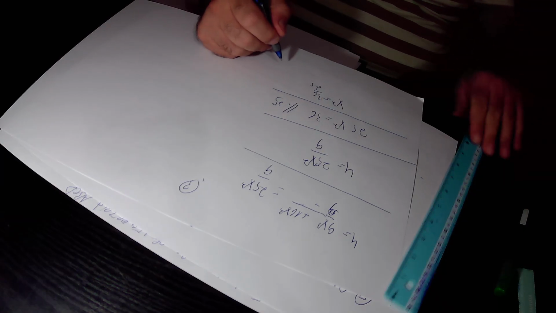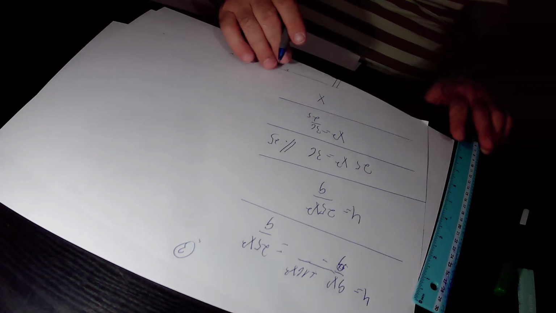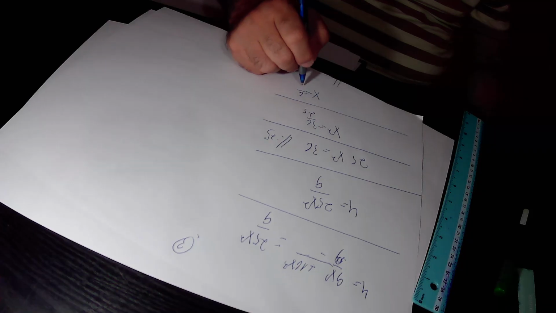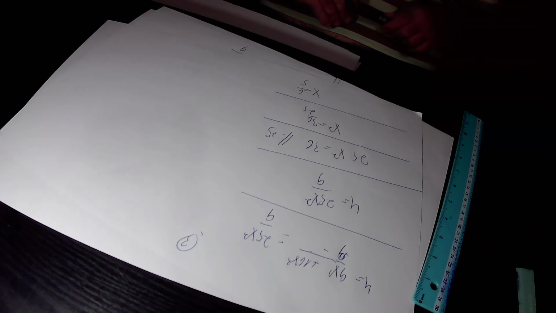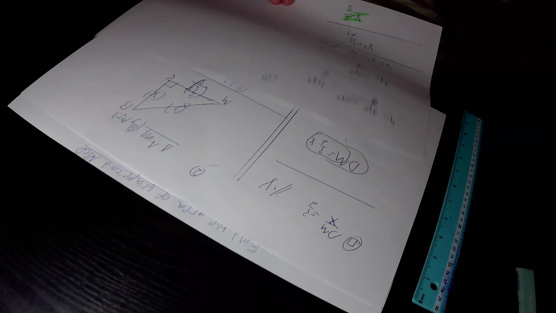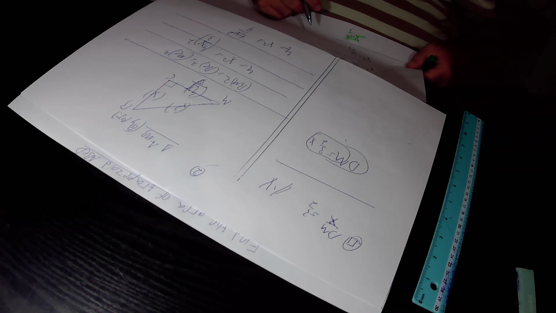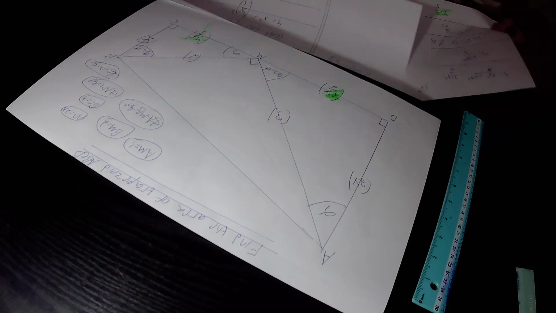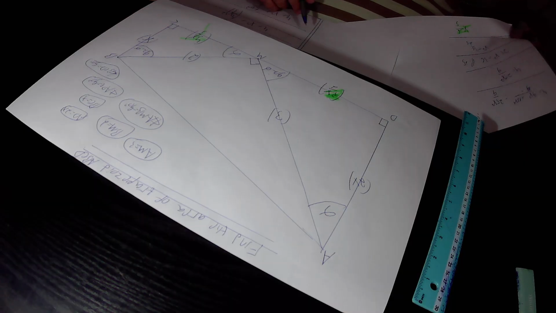Taking the square root, we finally get x equals the square root of 36, which is 6, over the square root of 25, which is 5. So in total, x equals 6/5. Okay, x equals 6/5. Side BC equals x and it equals 6/5.